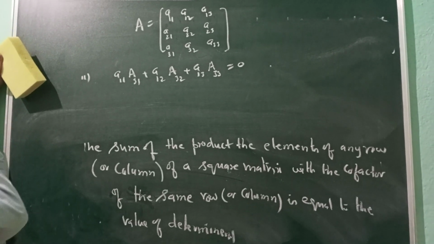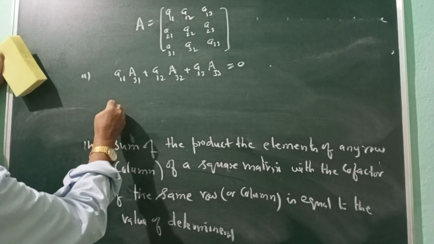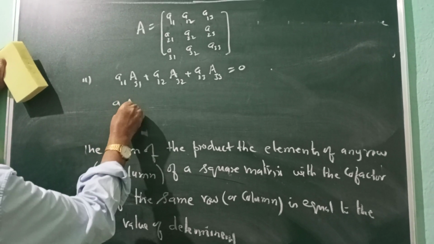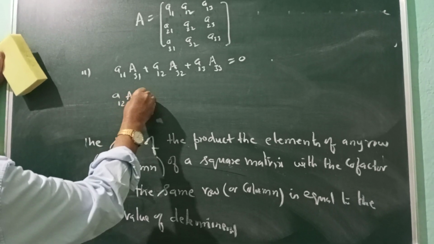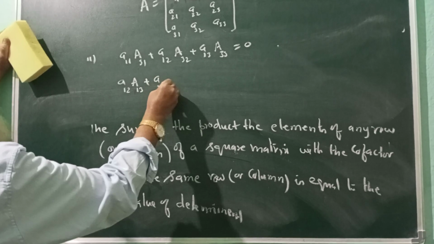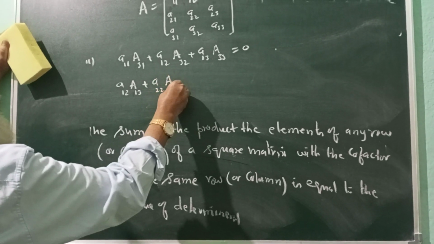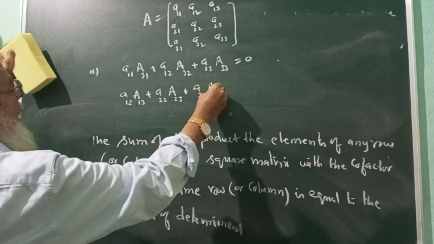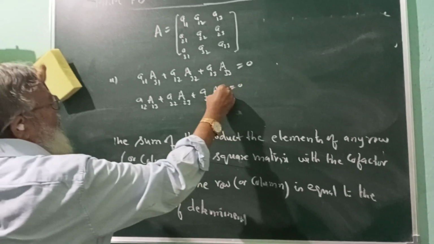You can take column-wise also. For column-wise you can take the second column, for example, and multiply by the cofactors of the third column: a12 A13 plus a22 A23 plus a32 A33 is equal to 0.